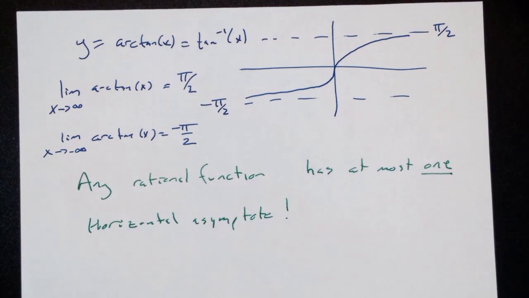Isn't it? So as soon as I know that there is an asymptote on the right for a rational function, I know I have the same asymptote on the left. $64,000 question. What's a rational function? What's that mean? Colin.